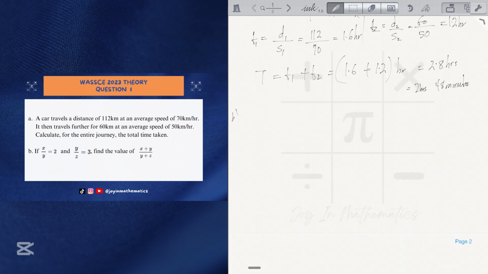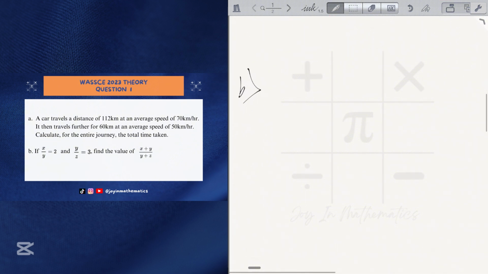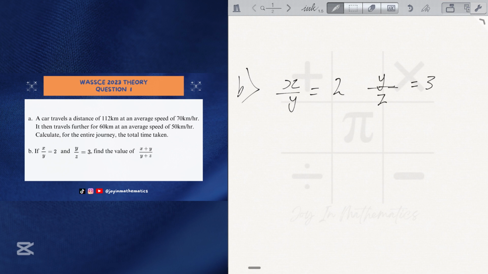In part B, we're given that X over Y is equal to 2, Y over Z is equal to 3. We should find the value of X plus Y divided by Y plus Z. Now this is a very interesting question, but how do we solve it? That's the matter.